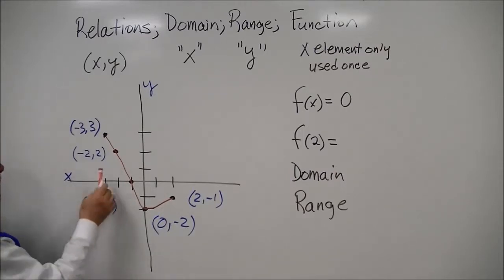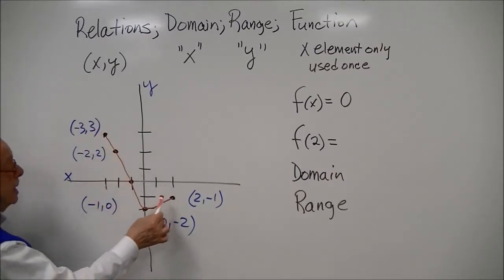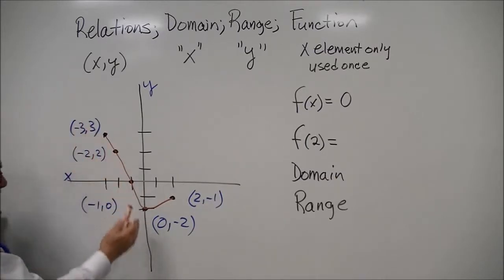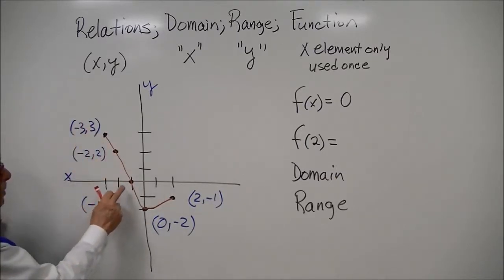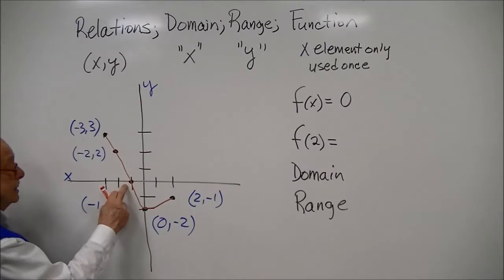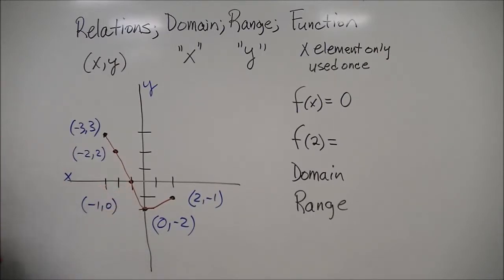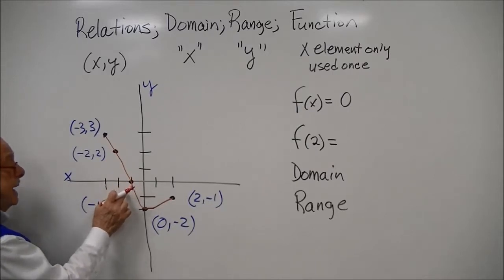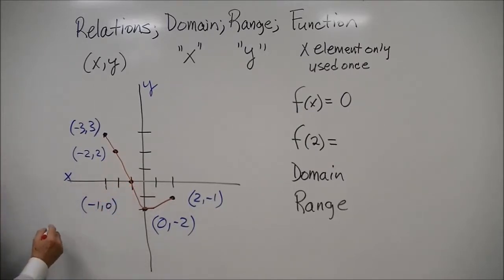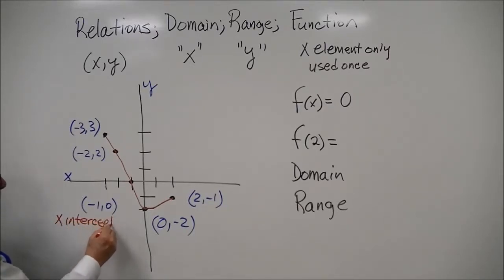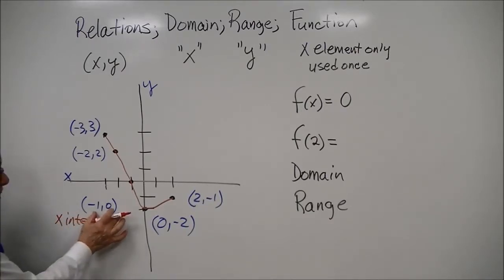We notice that this particular line, when I've drawn it in, goes through the x-axis at this point. Well, when a line crosses the x-axis, we call that the x-intercept, and it has a special form.